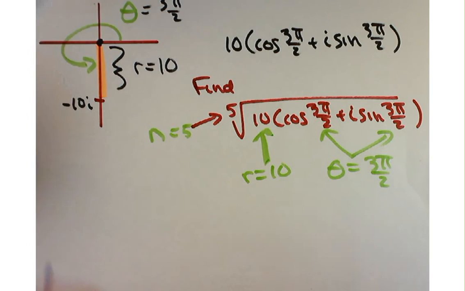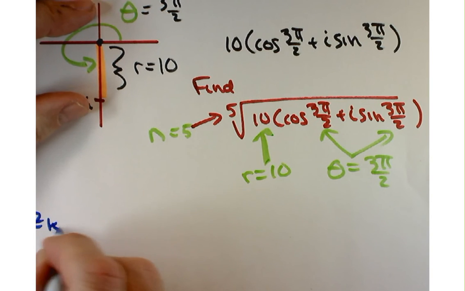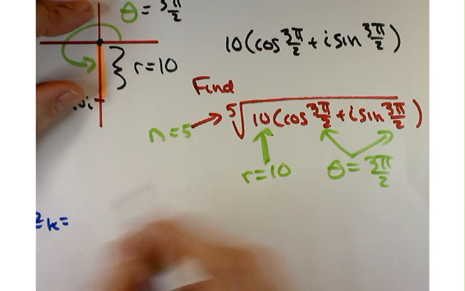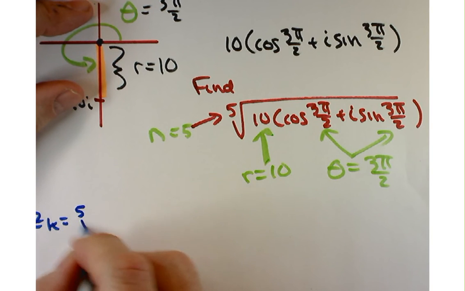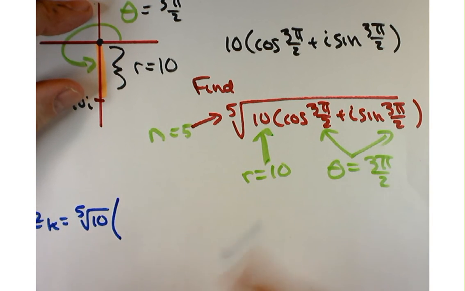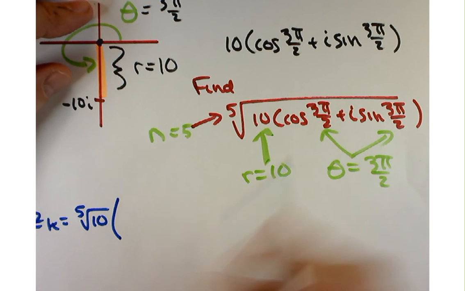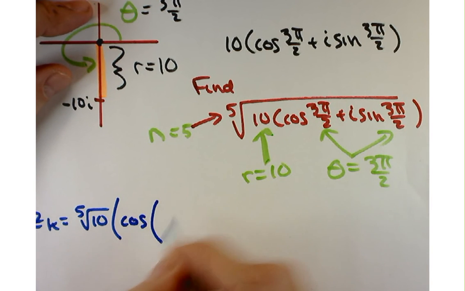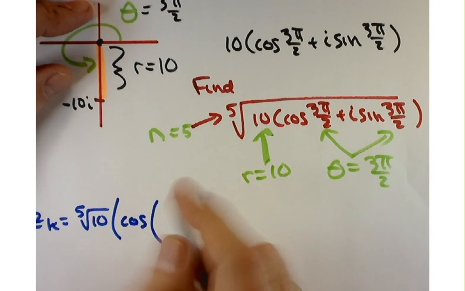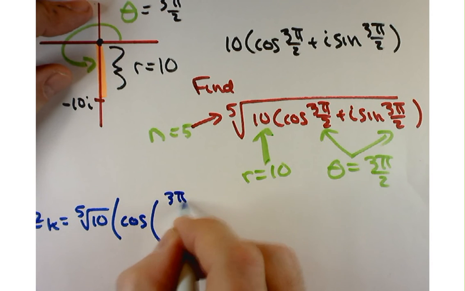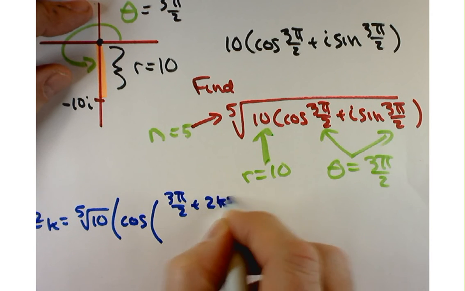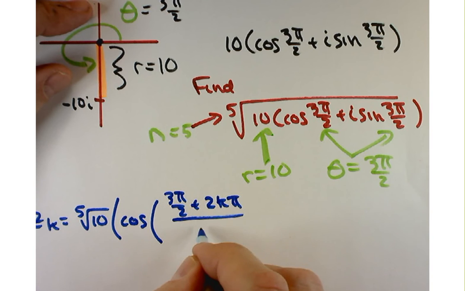So I'm going to start by writing z sub k as the 5th root of r, which is 10, times cosine of theta, which is 3 pi over 2, plus 2k pi divided by n, but n in this case is 5.